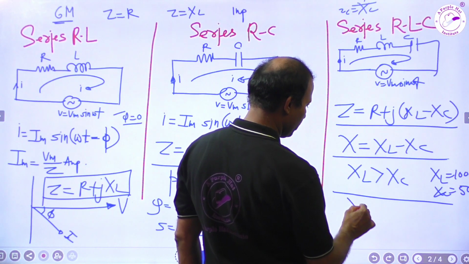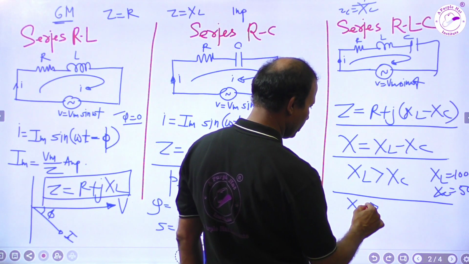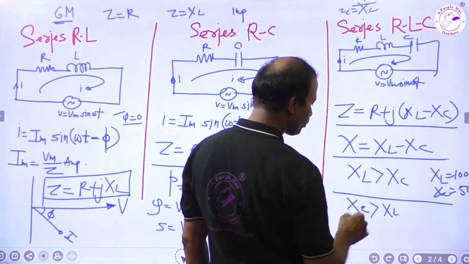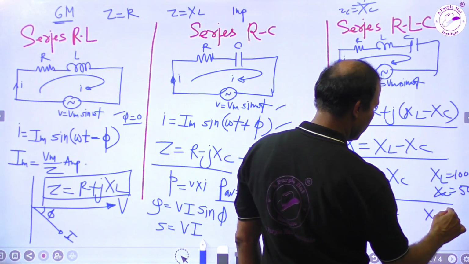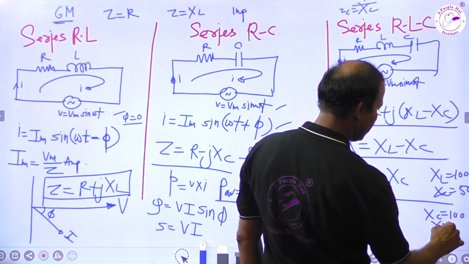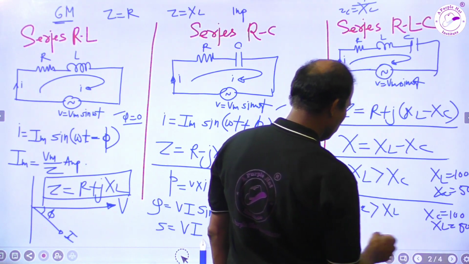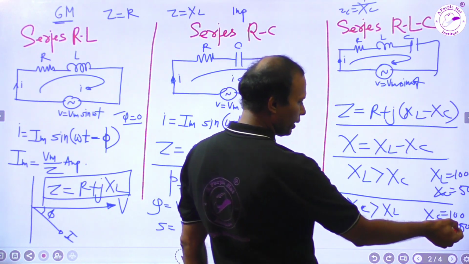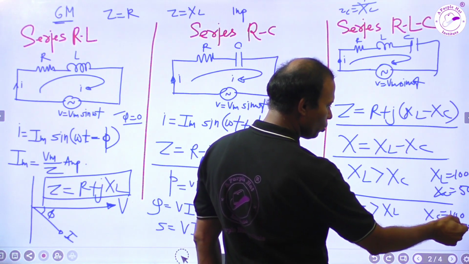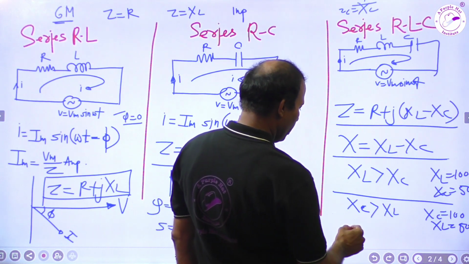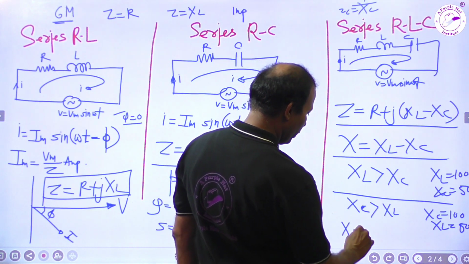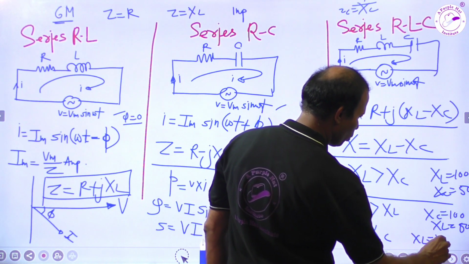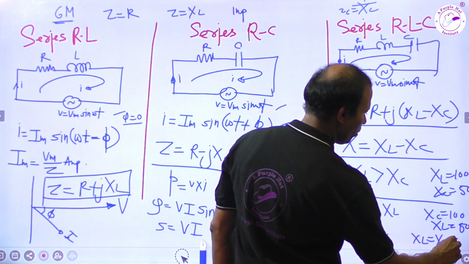capacitive reactance is larger. Suppose capacitive reactance is greater than inductive reactance. XC is 100 and XL is equal to 50. Similarly it can also happen that XL is equal to XC, equal to 50.